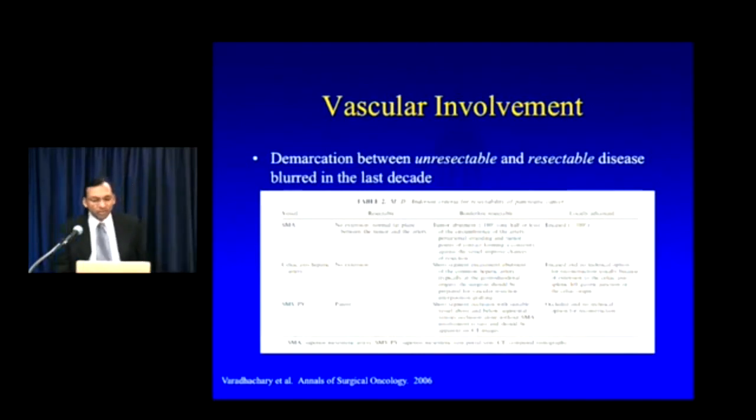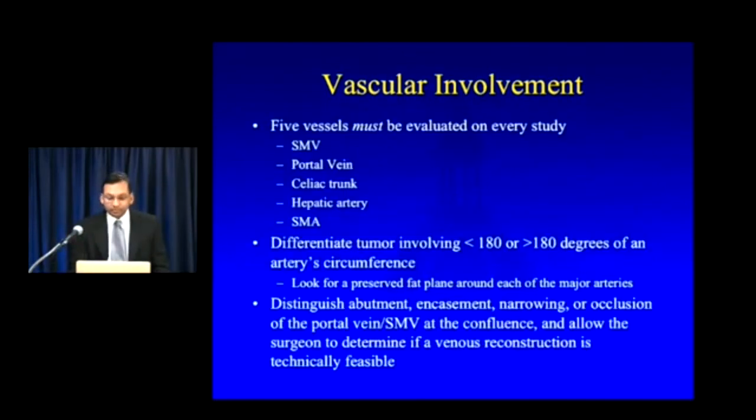So you are potentially still a candidate for surgery if you have tumor that abuts less than 180 degrees of the SMA, if you have short segment encasement or abutment of the hepatic artery, or even if you have very significant SMV or portal vein involvement that's amenable to surgical reconstruction, often with some kind of a jump graft.